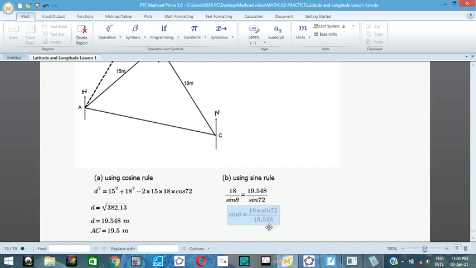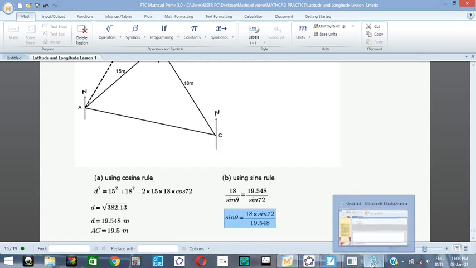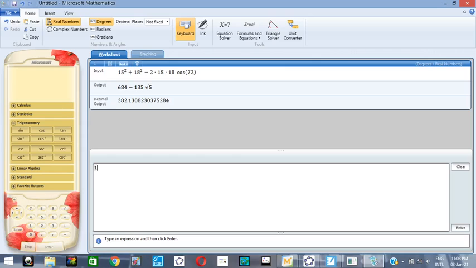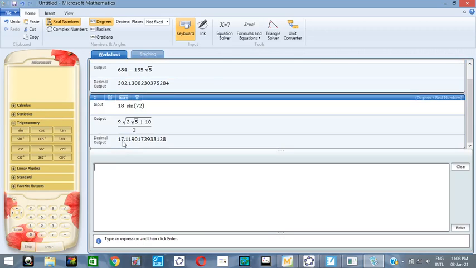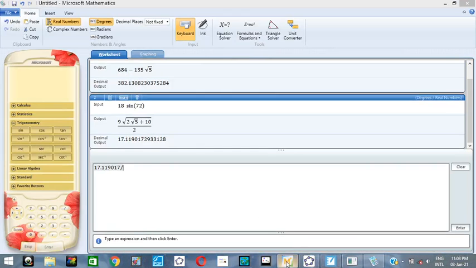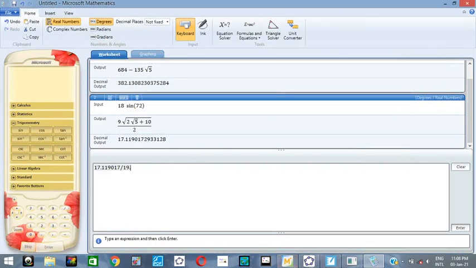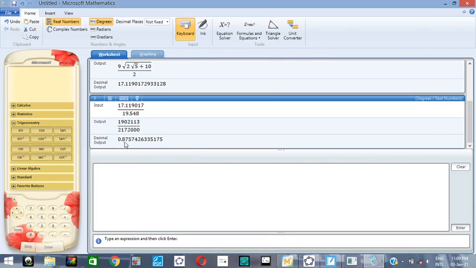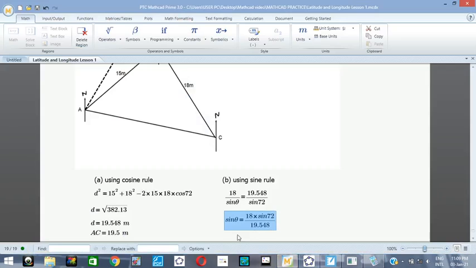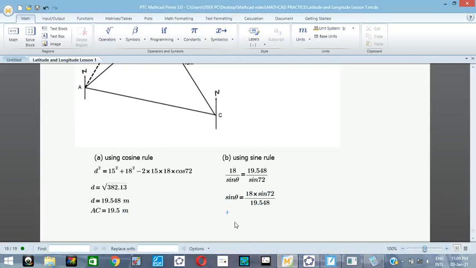Let me simplify this with my calculator. 18 times sine 72 is giving us 17.119017, then divided by the denominator, 19.548. That is 0.8757.